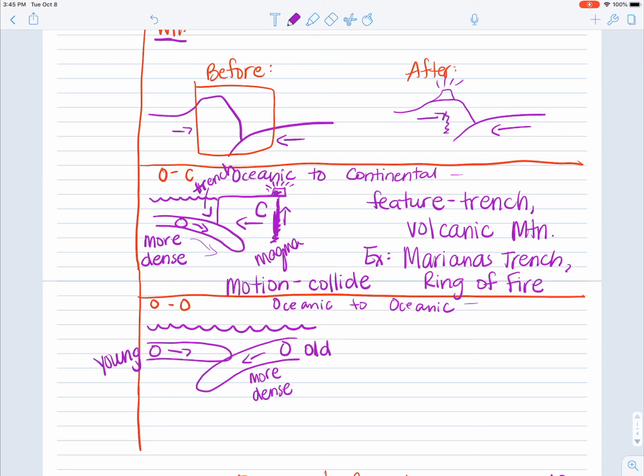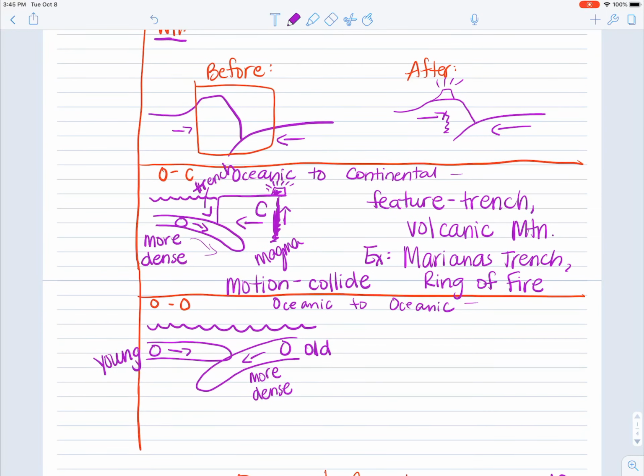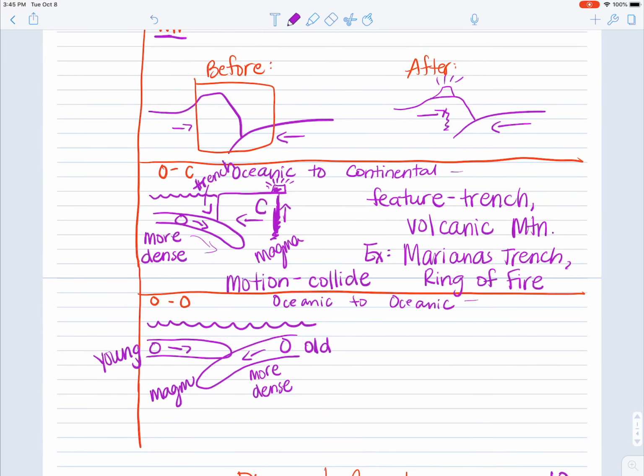So same thing, as that old plate subducts underneath the young one, magma builds and it's forced to the surface, resulting in volcanoes. Same thing, we have a trench. So the motion is the same, they collide, moves towards each other.